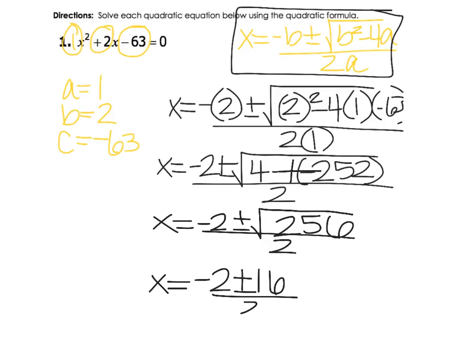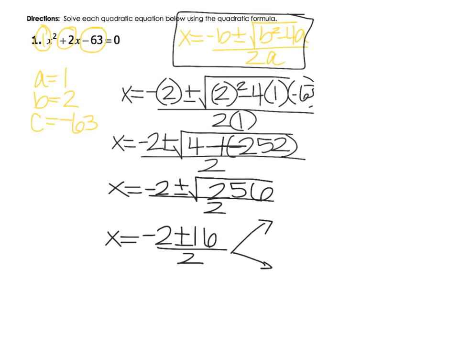Now what we want to do is break this apart into two separate expressions because we have our plus or minus symbol. So we end up with negative 2 plus 16 divided by 2 and negative 2 minus 16 divided by 2.